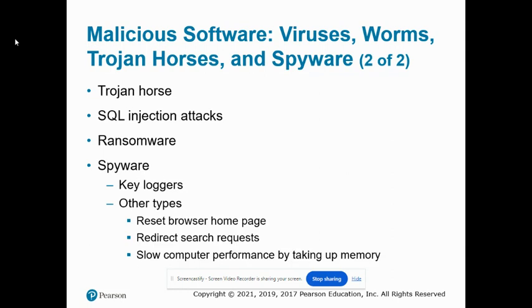Here we continue the discussion of the types of malware from the previous slide. Note that SQL injection attacks are the largest malware threat. Why do you think this is so?